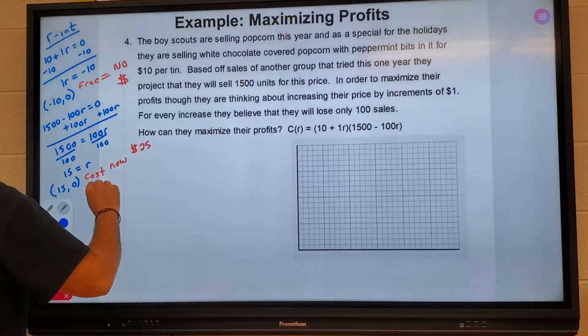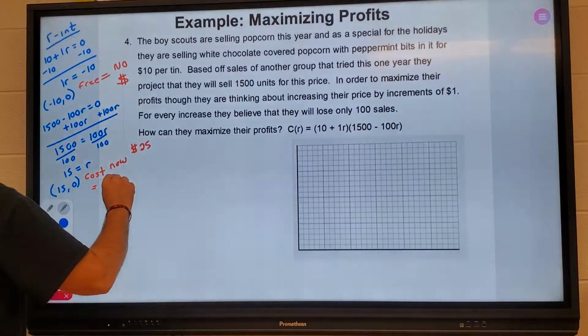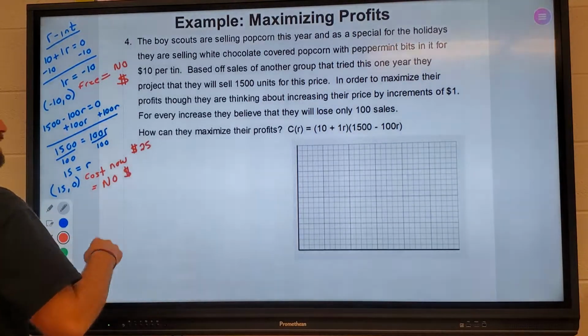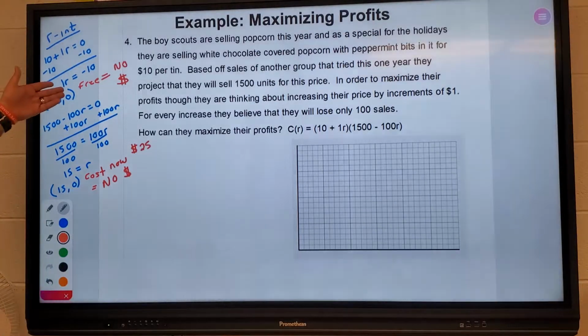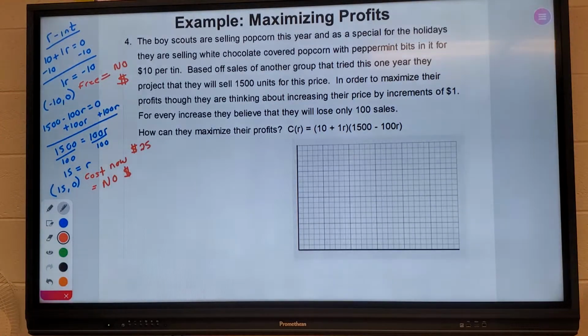Again, that means I'm not making any money, and this is for one of two reasons. The first one is free and we're not making any money because we're just giving it to them for free. A whole bunch of people want free popcorn. They love free popcorn. But if you have to charge $25 per tin, no one's even going to buy it. So you're not getting rid of any popcorn.